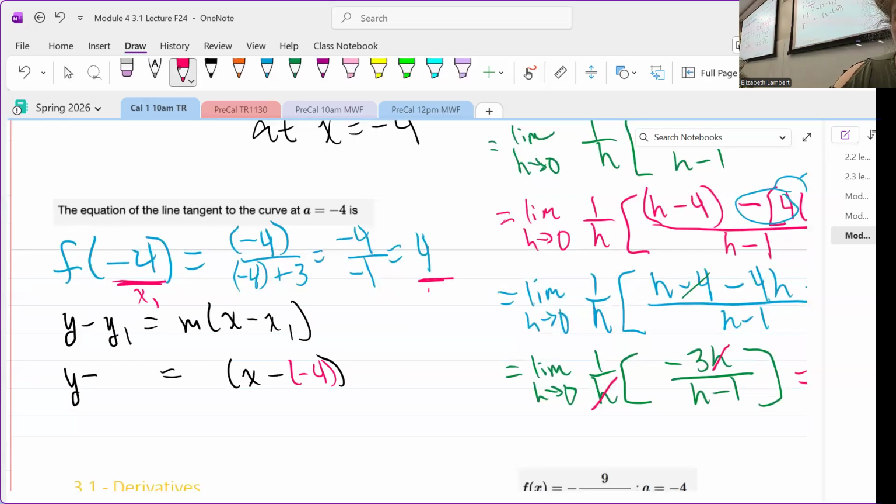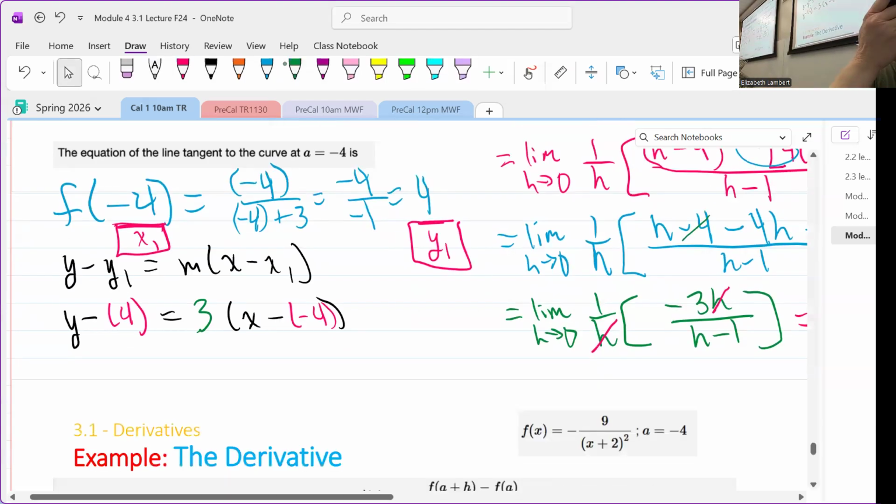The 4 we got at the end, that is our y1 value. And then that slope we got before was 3. Now, technically, that's enough. But WebWork is probably going to want you to type it in y equals mx plus b form.